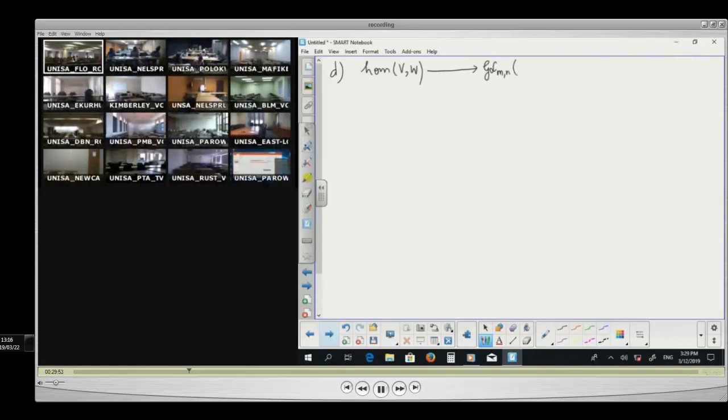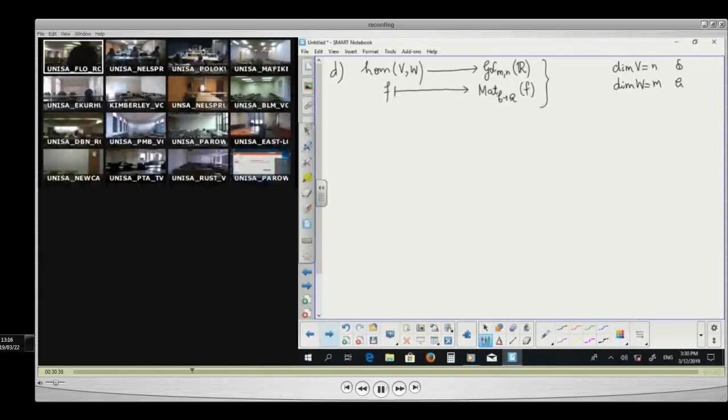So I am taking dimension of V to be n, and B is the basis. Remember, this was this map.